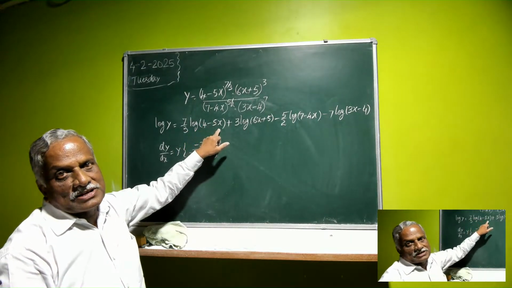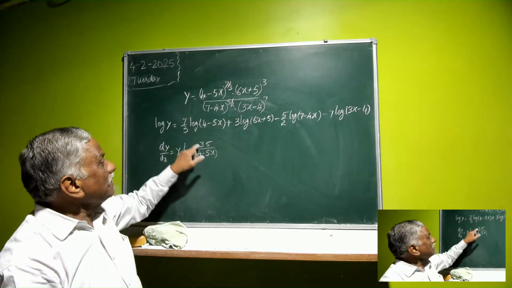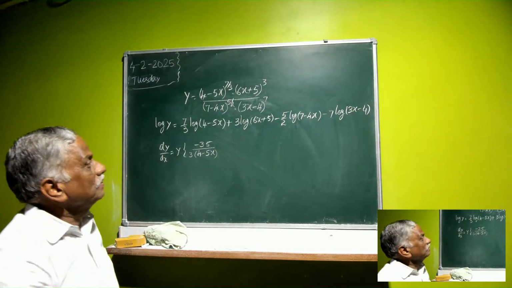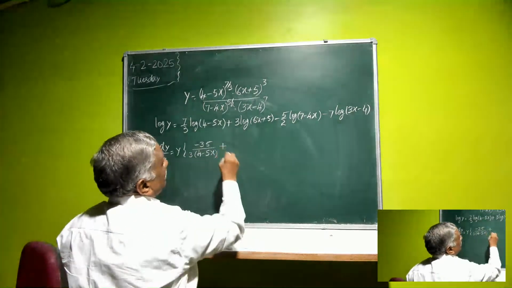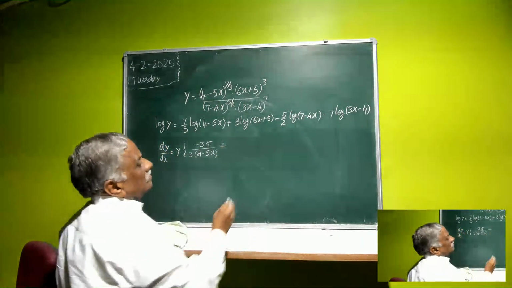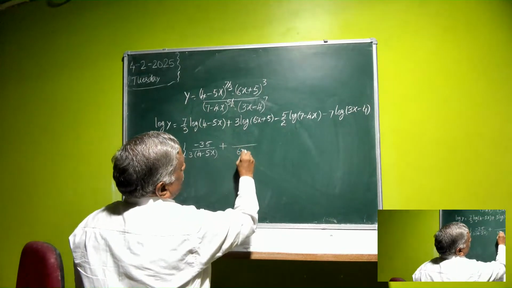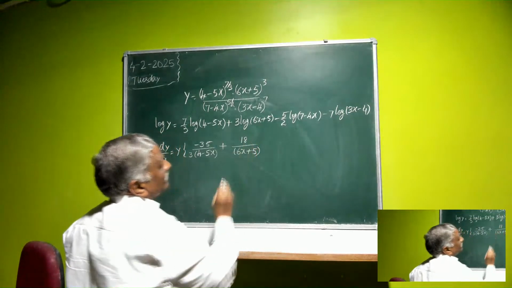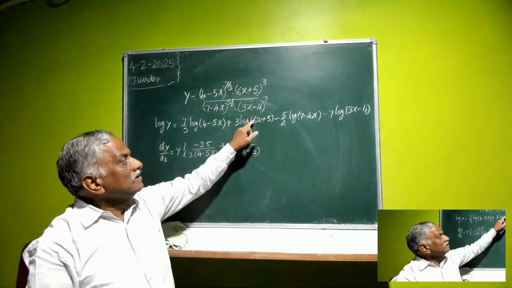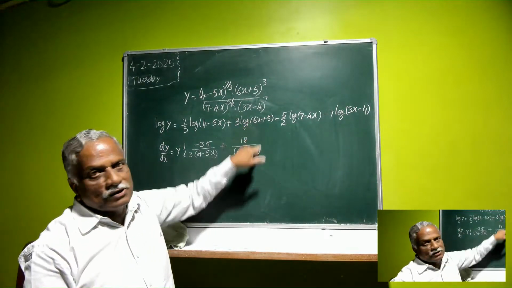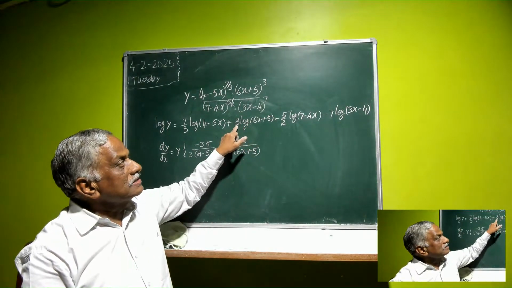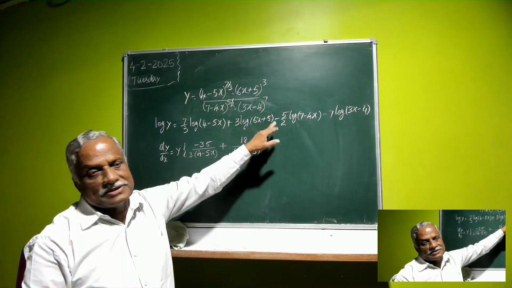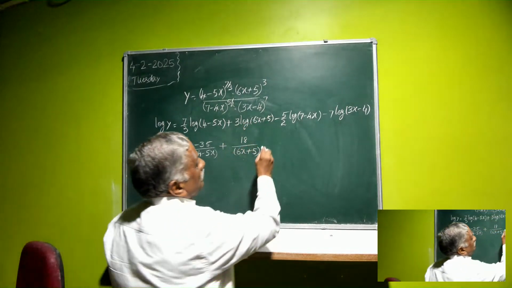The derivative of minus 5x is minus 5. Minus 5 times 7 is minus 35. Plus 18 over 6x plus 5. How do we get 18? 1 over log, 3 is a constant, 6x is 6, 5 is 0, 6 times 3 is 18.